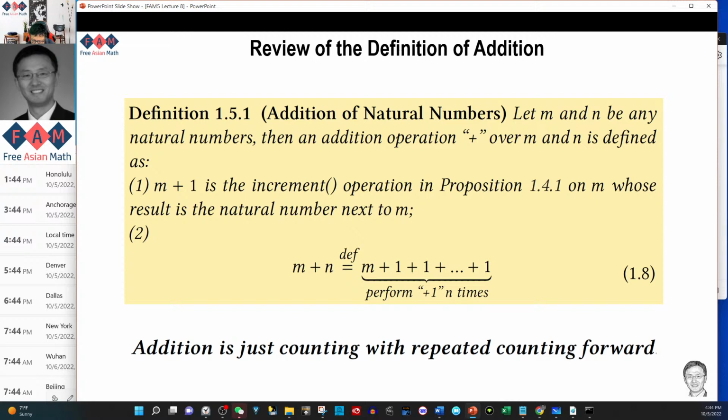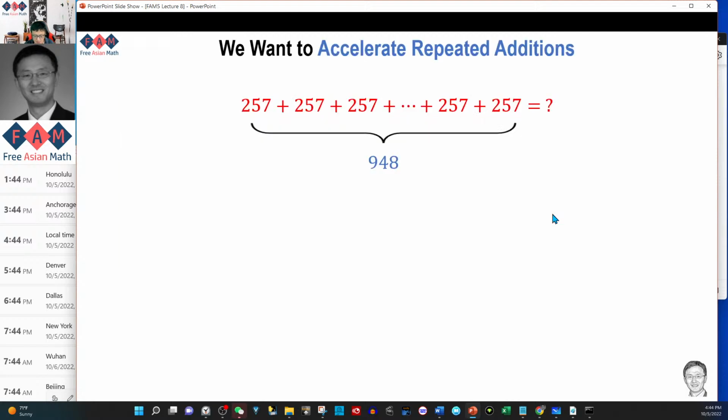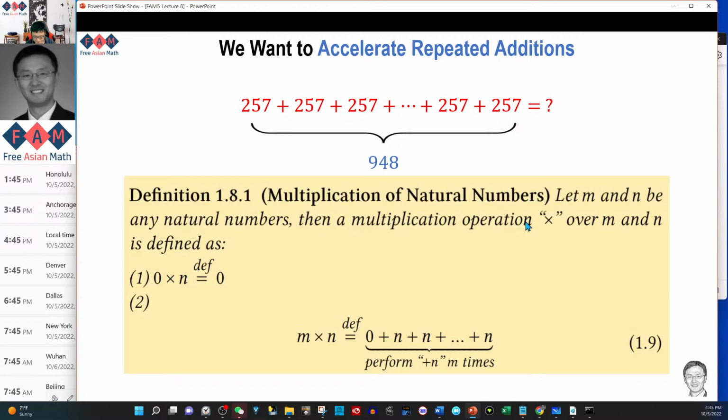Okay, but from this point on, how can we further define multiplication? Well, actually not too difficult. Because we want to accelerate these boring repeated additions, we define multiplication like this. Again, this is only for natural numbers, okay?